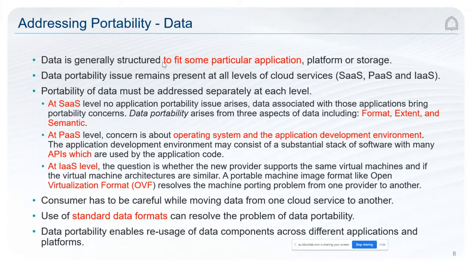Portability also has different levels, starting from SaaS, PaaS, and IaaS. They have different translations. For example, if we talk about data at the SaaS level, this means the portability of data should accept different types of cloud, different formats, different extents, and different semantics.